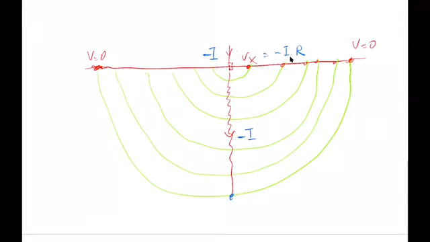But it will reduce to 0 at the end. So negative IR, here V0 is equal to 0. So if the current is negative, the voltage is negative. Any current into the soil will produce this green voltage profile according to the current flow. You understand?